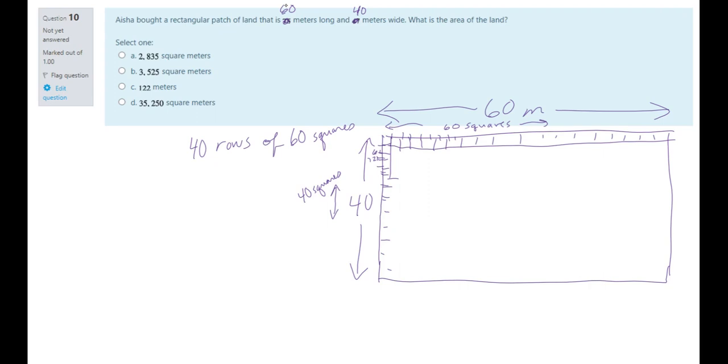I could go 60 plus 60 plus 60 plus 60 and do that 40 times. And that's still going to take me a long time. Or I can recognize if I have 60 added to itself 40 times, that is 60 times 40. Okay, that's where that formula comes from.